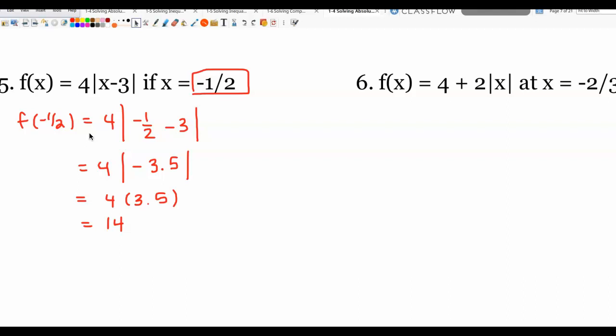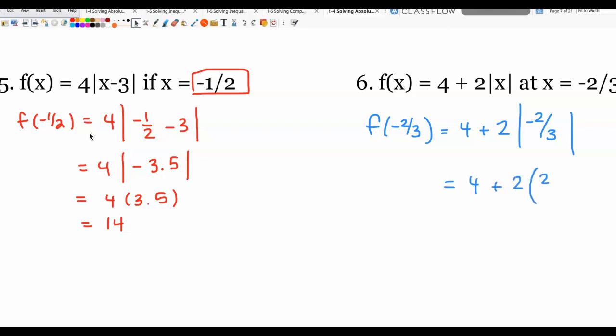And then in 6, f of negative 2/3 equals 4 plus 2 absolute value, negative 2/3. Well, the absolute value of negative 2/3 is 2/3. So we get 2 times a positive 2/3. When you're multiplying a number times a fraction, you multiply the numerators.